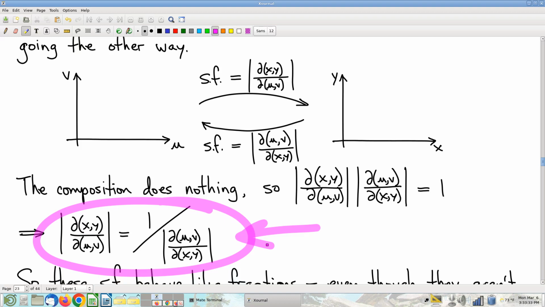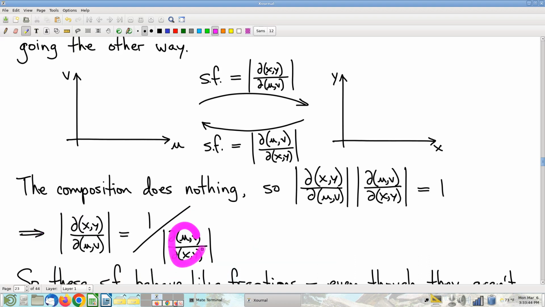At a glance, it looks like you're taking a reciprocal of a fraction, and the denominator becomes the numerator and all that business. Of course, that is absolutely not what is happening. Don't forget, this is not a fraction. It's a determinant.